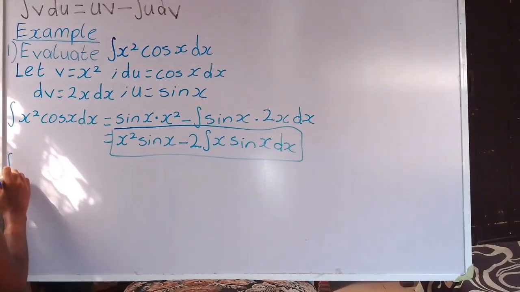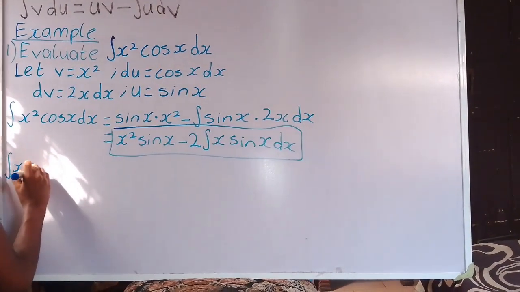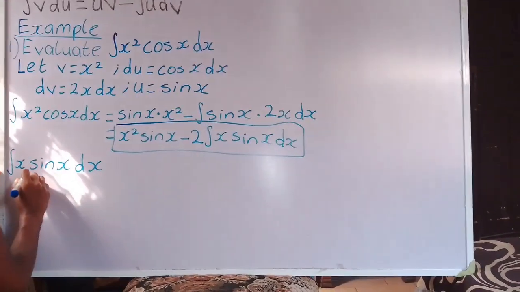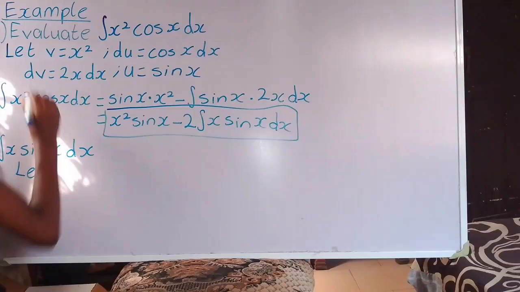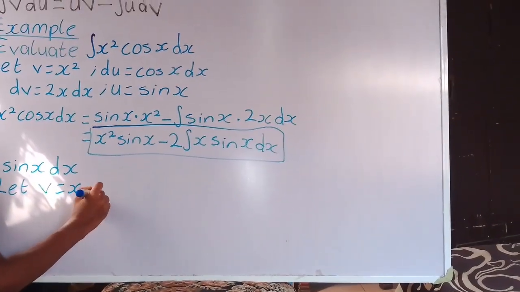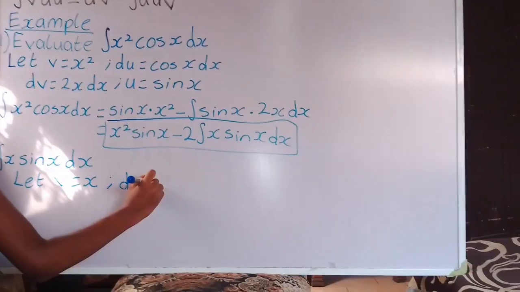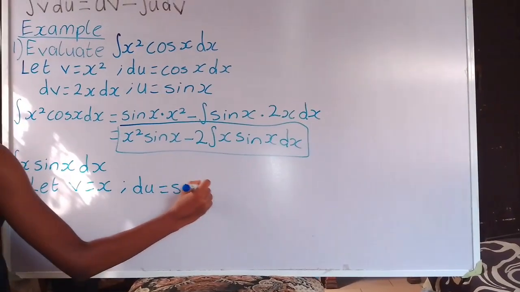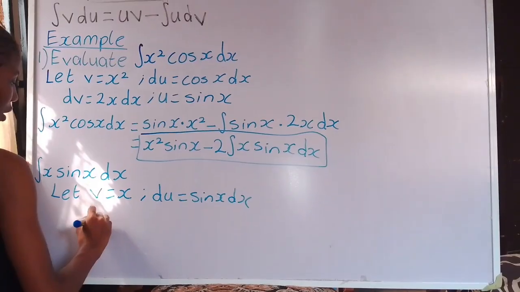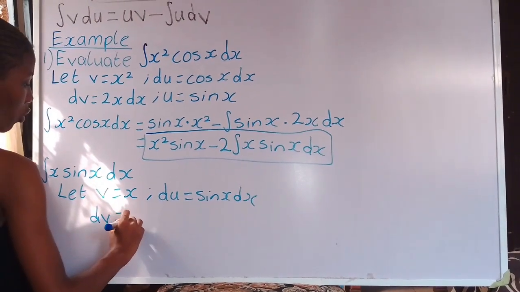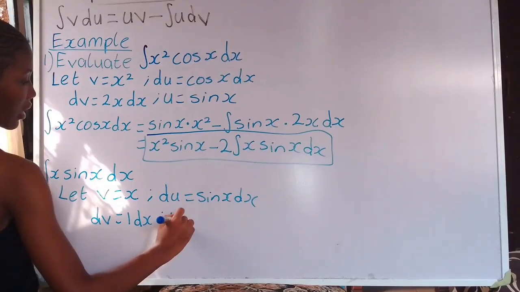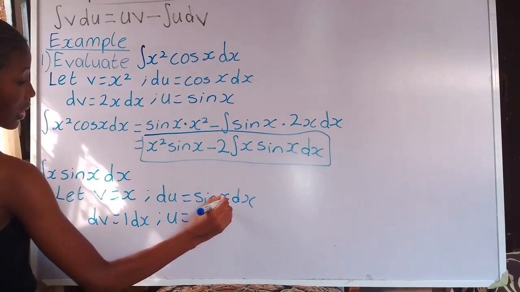So now we have integral of x sine x dx. So at this point we'll say using the same integration by parts, let v be x and our du be sine x dx. So to get our dv, differentiating x will give us 1 dx, while to get our u, integrating sine x.